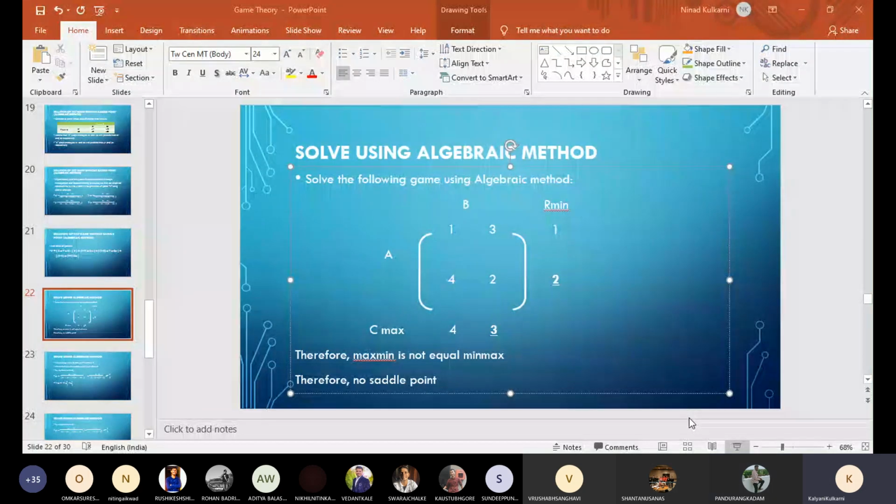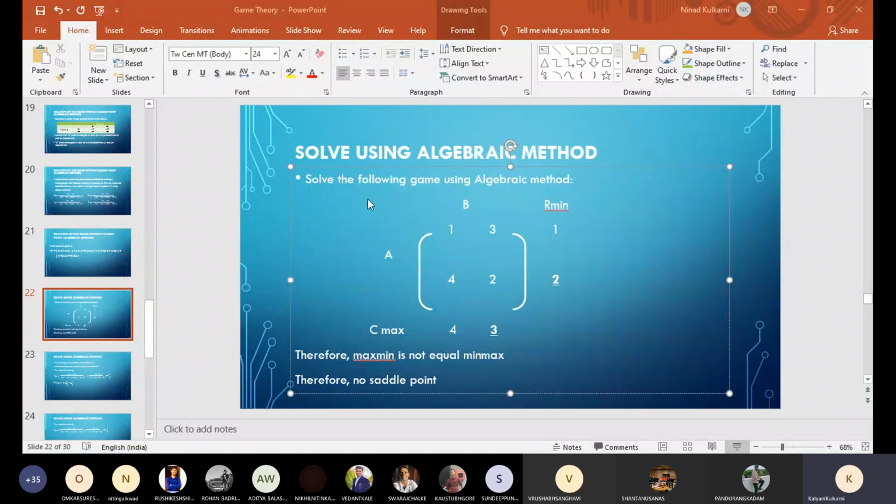Therefore, no saddle point is obtained. So now we move on to the algebraic method. When no saddle point is obtained, by the algebraic method, find x first, then go for 1 minus x. Even if you don't remember the formula for 1 minus x, once you get x you will automatically get 1 minus x. No need to remember that formula also.